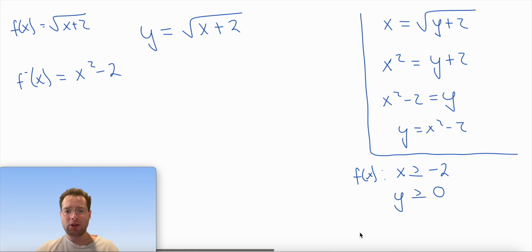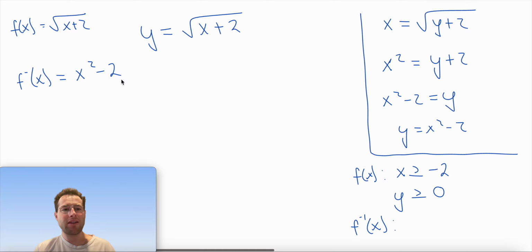And let's see here. So now let's consider the domain and range of our inverse function. Like I mentioned in the previous example, typically if we see something like x squared minus 2, we would say x can be all real values.